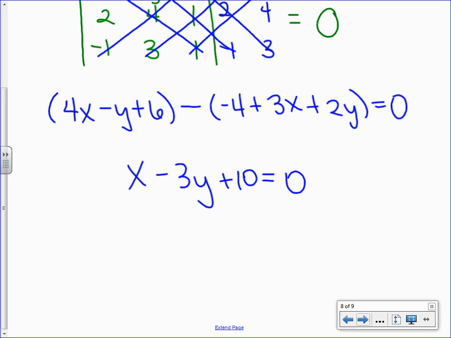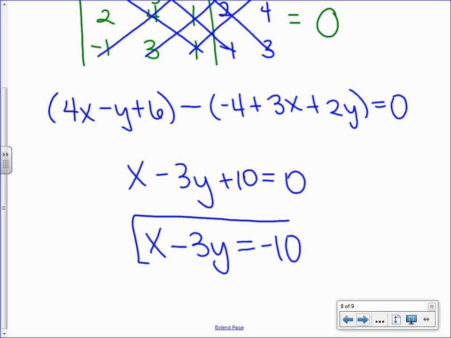Let's go ahead and make this look like the equation of a line. X minus 3y equals negative 10. What form is this? This is standard form. That is just fine. It's the equation of a line. Any questions there?